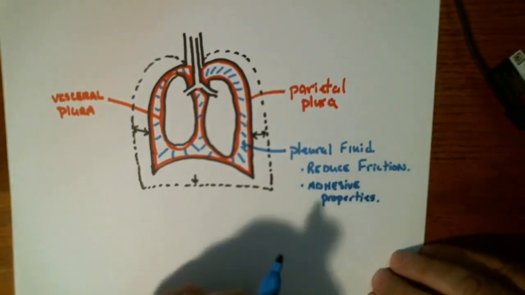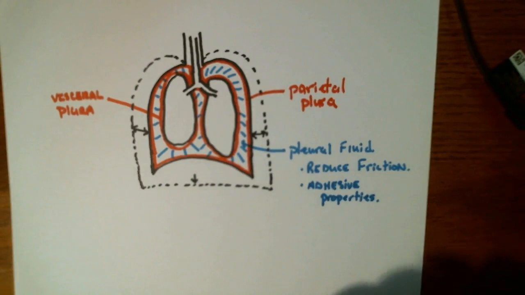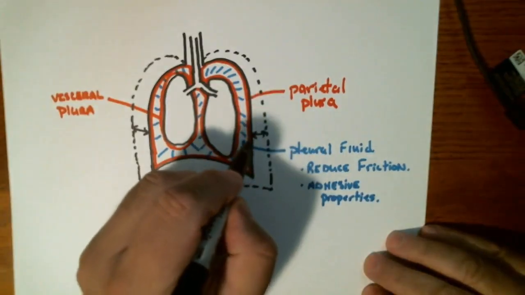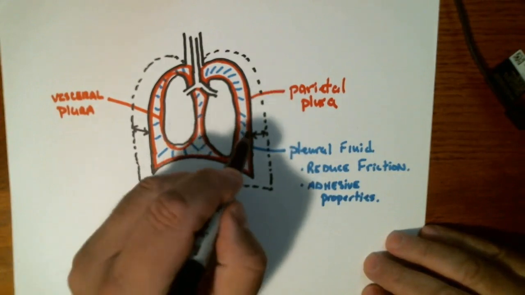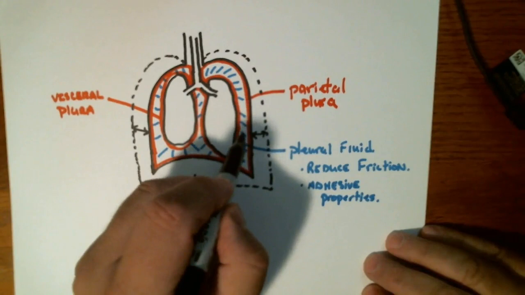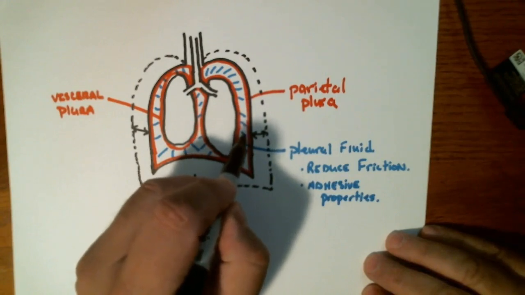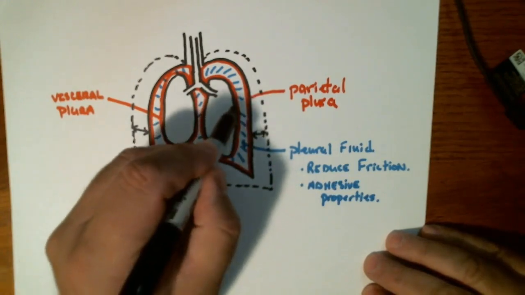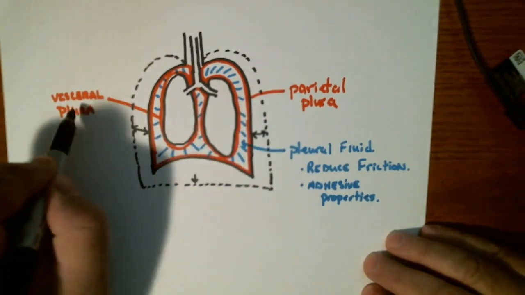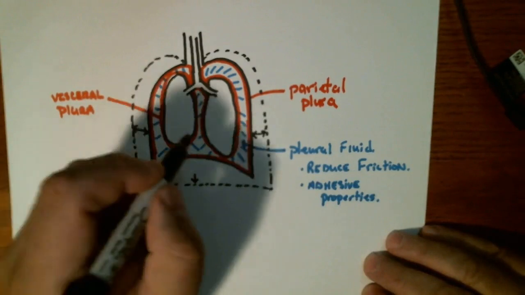So because it has these adhesive properties, whenever that parietal pleura pulls, because it's being moved with the body wall, it's going to pull on this pleural fluid, which is going to act kind of like a sticky or glue, and it's going to pull then on the visceral pleura.